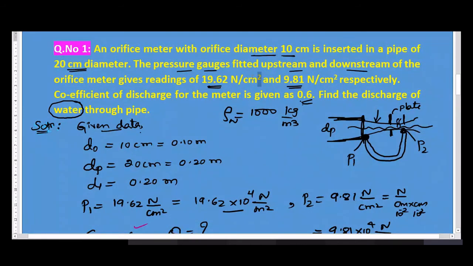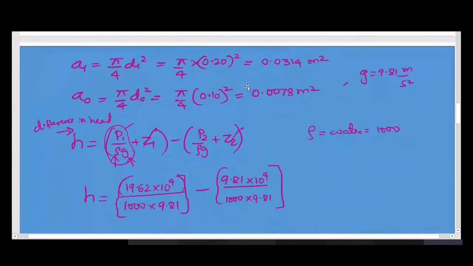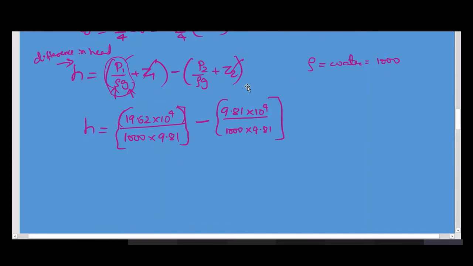But here, what is the unit he has given? Newton per centimeter square. It is in terms of Pascal. Anyway, Newton per meter square is the unit of Pascal. So this is pressure. It is not pressure head. This is only the P1 value, not P1 by rho G. How to identify what is P1 by rho G? If the unit is centimeter or meter, then that is the P1 by rho G value. This is the hint we discussed many times in the previous video lectures.